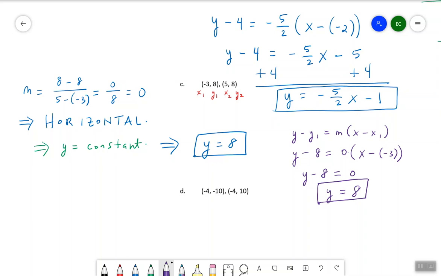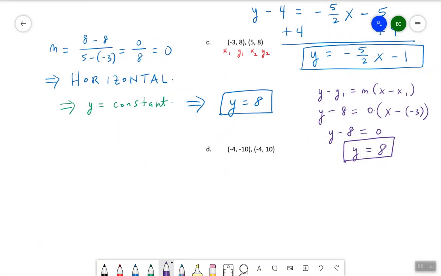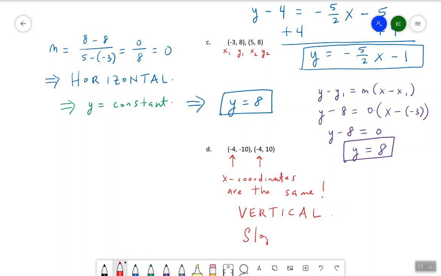For the last one, you can see that this time the x coordinates are the same. Do you remember what that tells us about the line? That tells us that the line must be vertical, and the slope is undefined.